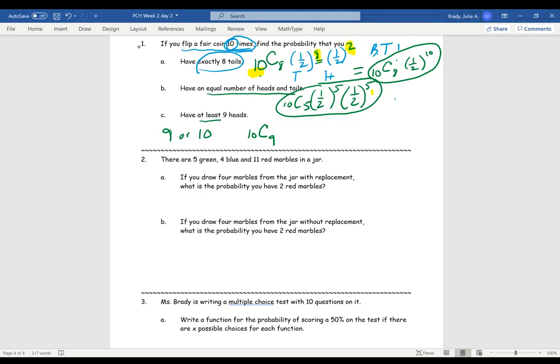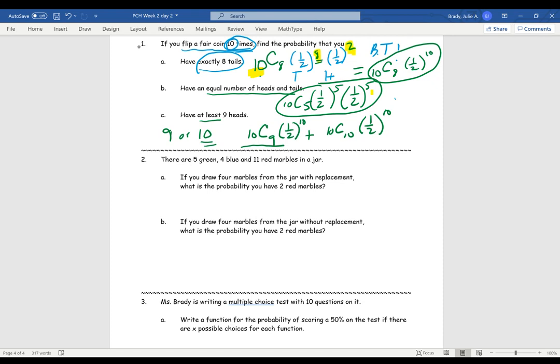Since it's 1/2 and 1/2, that's 1/2 to the 10th. And then we want 10 heads, so that's 10 choose 10, 1/2 to the 10th.